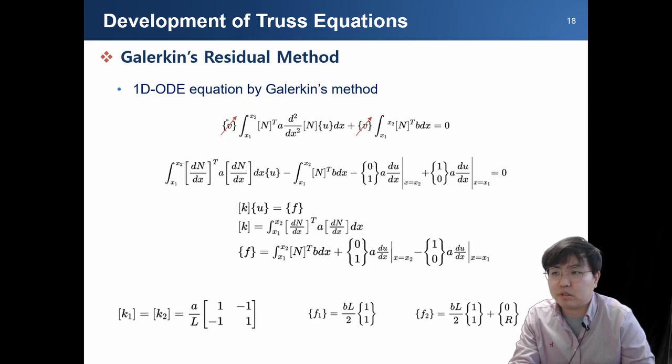Before we start the integration by parts, we can cancel out v1 and v2, which do not affect this equation anymore. Then this part you can take integration by parts. This part is differentiated, this part is integrated, where is it?